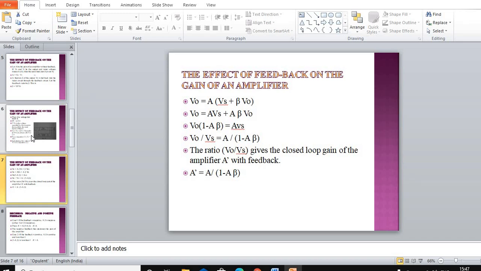V0 is equal to A Vs plus A beta V0. So V0 into 1 minus A beta is equal to A into Vs. Hence V0 by Vs equal to A divided by 1 minus A into beta. The ratio V0 by Vs gives the closed loop gain of the amplifier with feedback. A prime equal to A divided by 1 minus A beta.